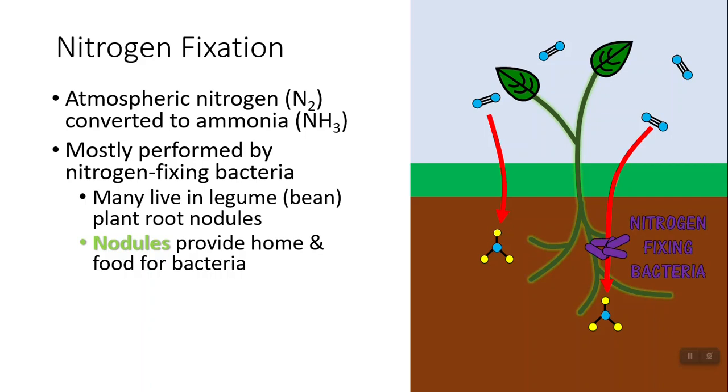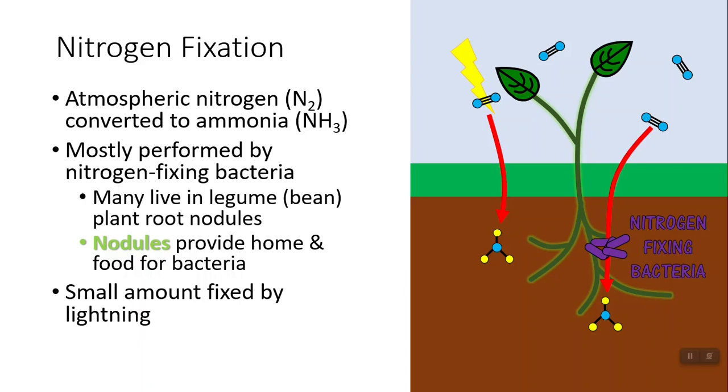Nitrogen fixation is performed by nitrogen fixing bacteria. Most of them tend to live in close symbiotic relationship with legumes, which are beans, peas, and species like that. They grow these structures called nodules, which are these little enlarged regions that provide a home for bacteria. They can also provide them with some food, and in return, these bacteria fix nitrogen and provide plants with the nitrogen they need in order to build proteins and nucleic acids.